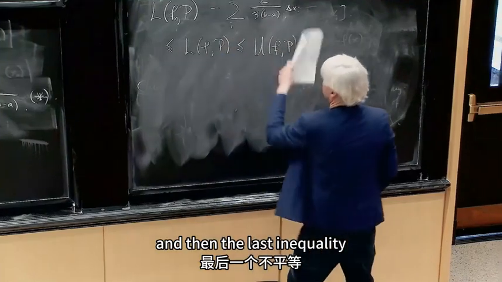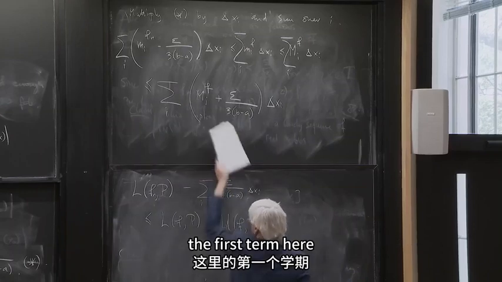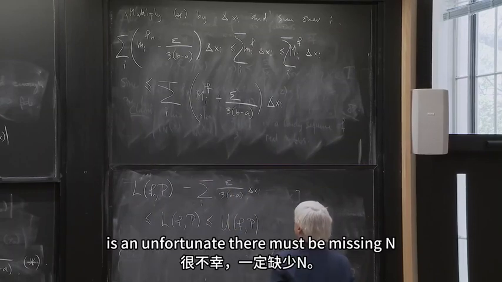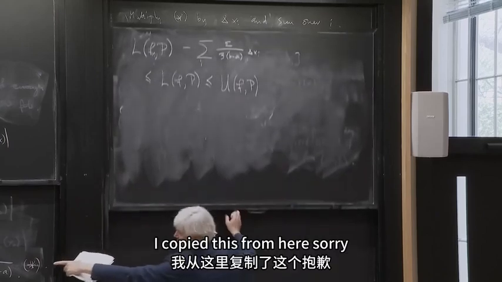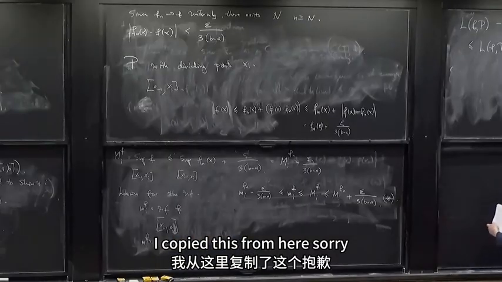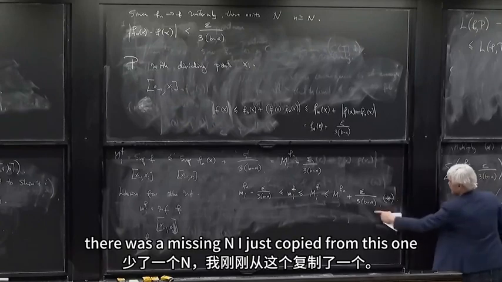And then the last inequality, when you multiply this bracket out, the first term here is, and unfortunately there was a missing n. I copied it from here, sorry. There was a missing n, I just copied it from this one.